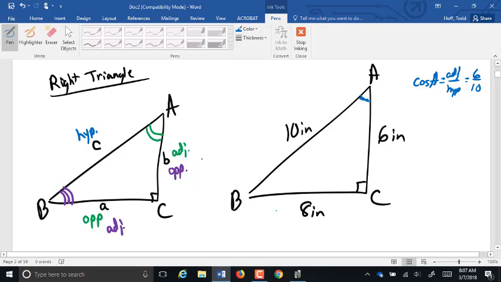Hypotenuse is 10. If I ask you for the sine of angle B, remember sine is opposite over hypotenuse. Well, this is angle B. What would be the opposite leg from B? 6, and the hypotenuse is still 10. Always 10. Well, the hypotenuse never changes, put it that way. Notice the sine of B and the cosine of A are the same because A and B are complements.